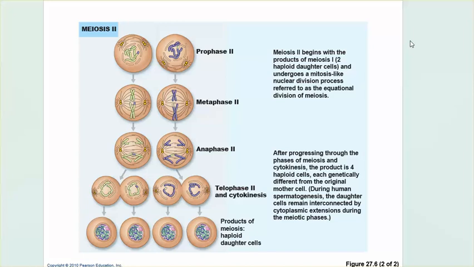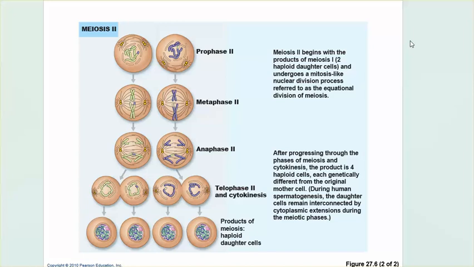And then in telophase 2, we end up with these 4 nuclei, each with a haploid number of chromosomes. So we end up with 4 haploid daughter cells. And like I say, in sperm production, all 4 get used because there's no cytoplasm necessary for a sperm cell.